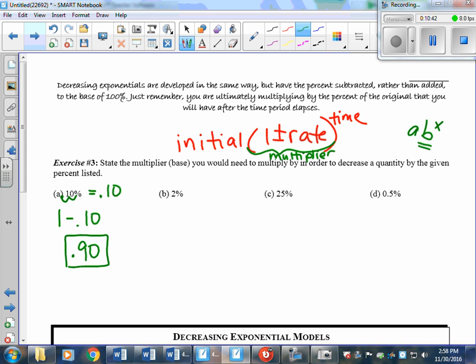So the same thing goes here. This 2%, move it over 2 places, you get 0.02. So my multiplier becomes 1 minus 0.02, which is 0.98. 25% is 0.25. So 1 minus 0.25 is going to be 0.75.